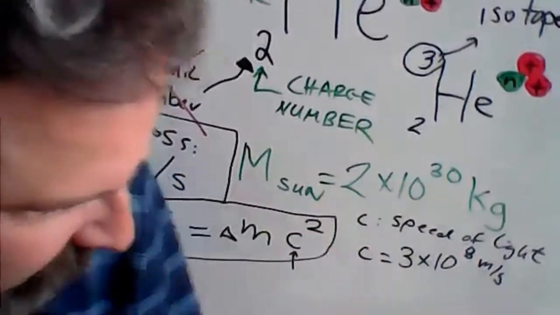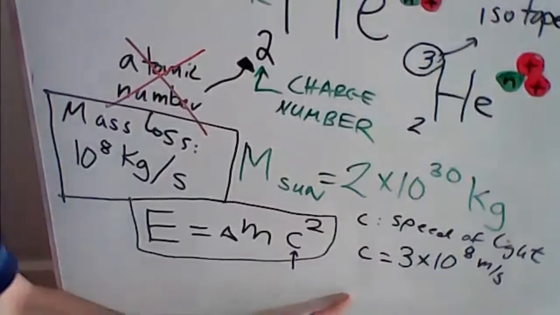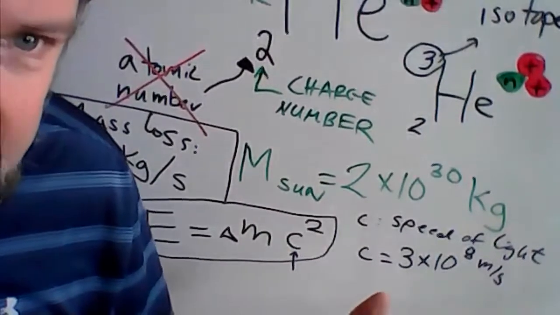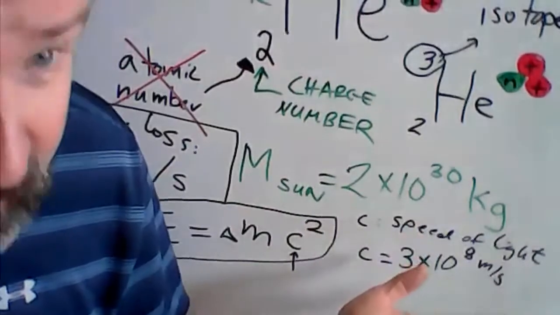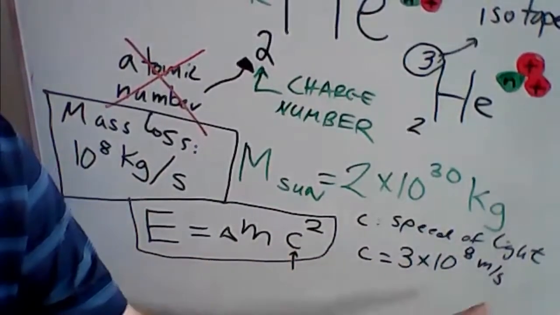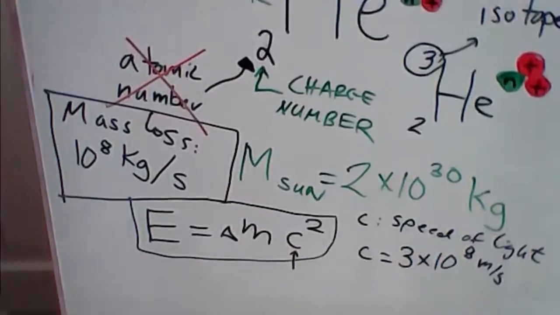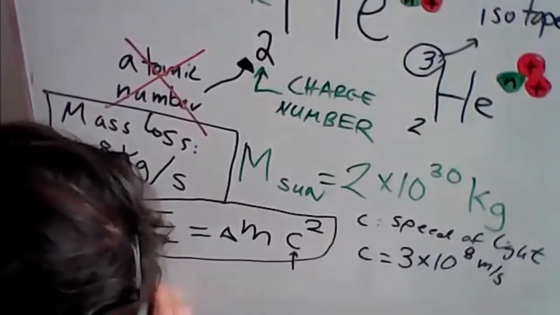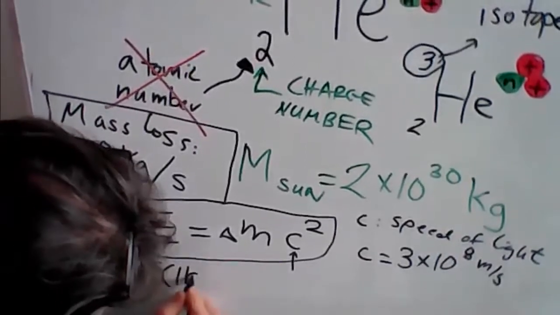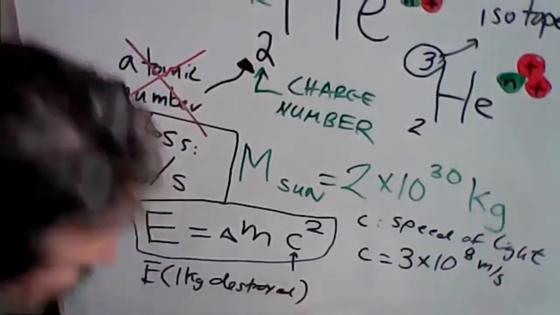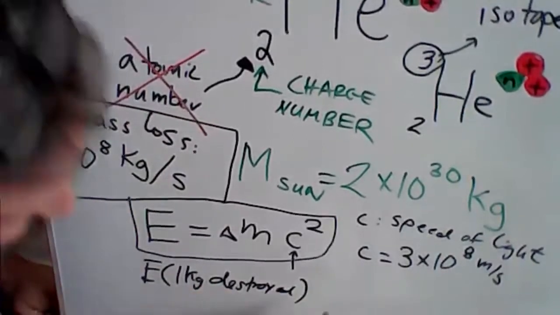We did, okay, cool. So that means that if we turn 1 kilogram of mass, for example, into energy, it would be 1 times 3 times 10 to the 8 squared, which would mean that for 1 kilogram, destroyed, right? We're making the mass disappear, right?